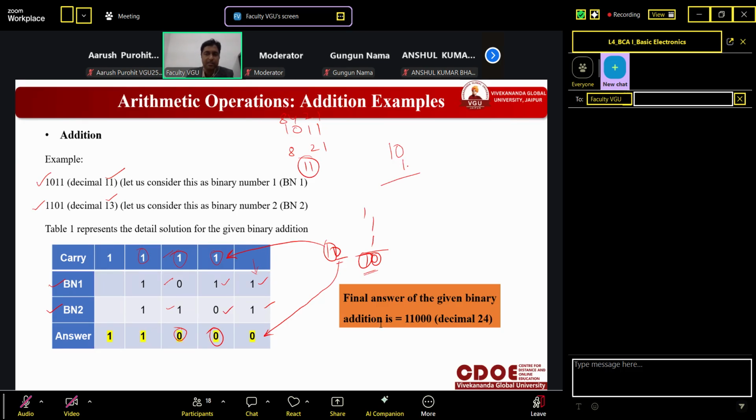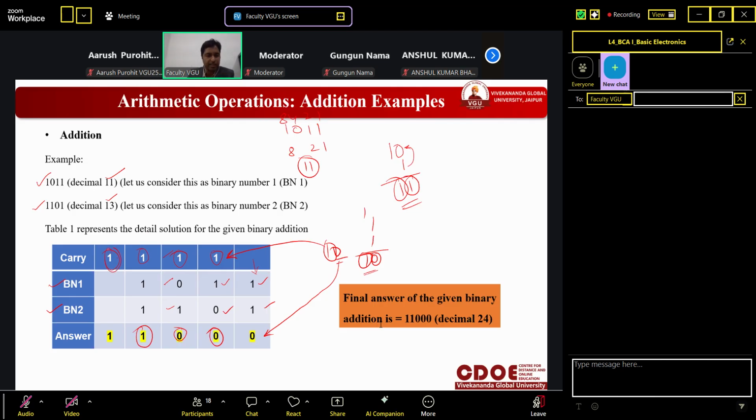Now you can add it. 1 plus 0 is 1, and 1 is 1, 1. So this 1 will be written in sum, and this 1 will be written in carry, right? So if you have three ones, the answer will be 1, 1. So the rightmost one will be written as sum, and the left will be written in carry, right?